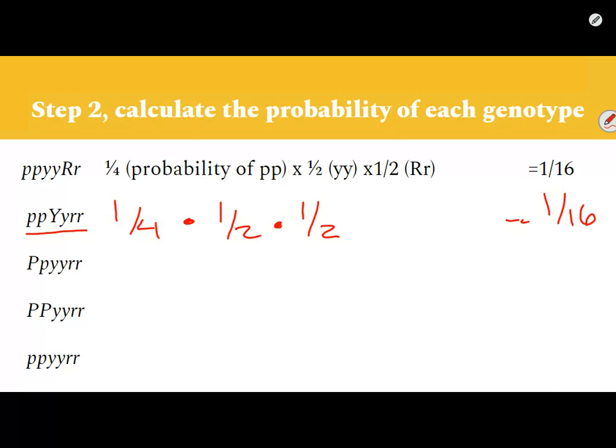What's the probability of getting big P, little p? Little y, little y? Beautiful. 1/2 times 1/2 times 1/2. 1/8. What's the probability of getting big P, big P?